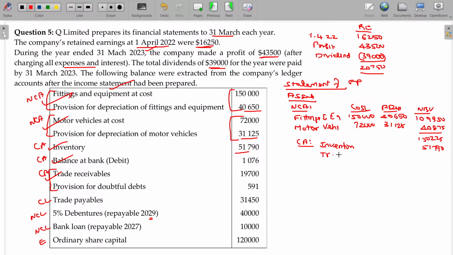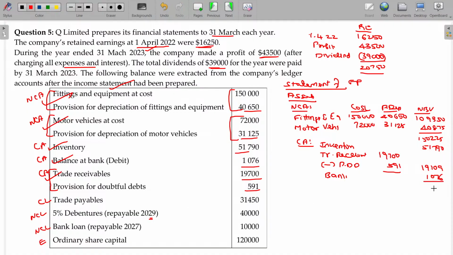So trade receivables being 19,700 less provision for doubtful debts on that being 591, then ultimate value being 19,109, and bank balance 1076, okay, debit balance.